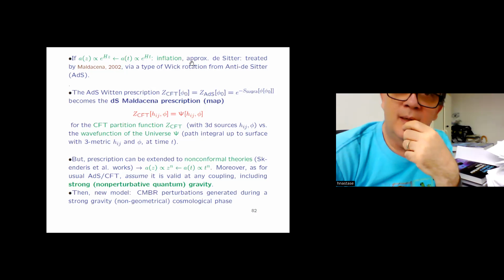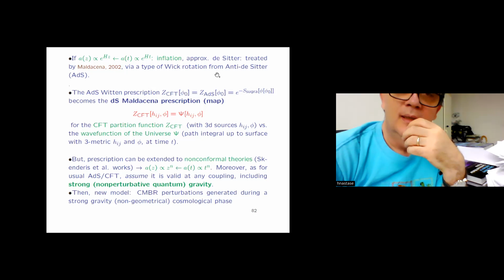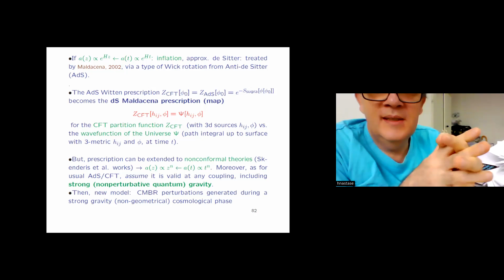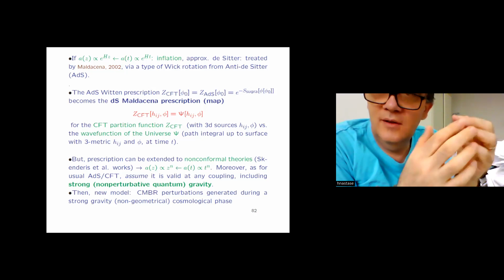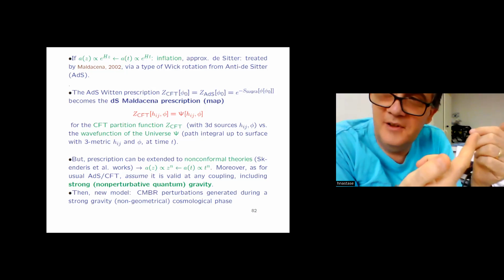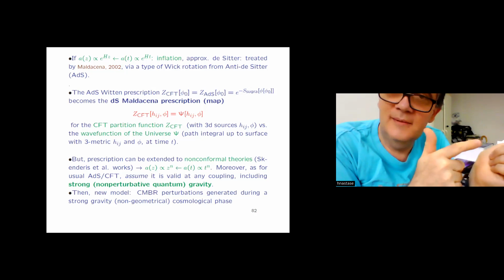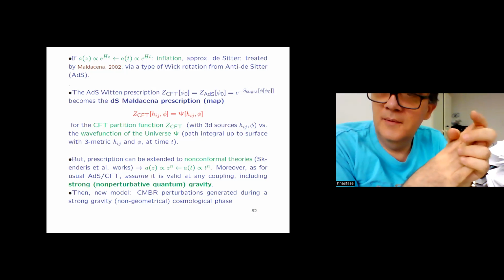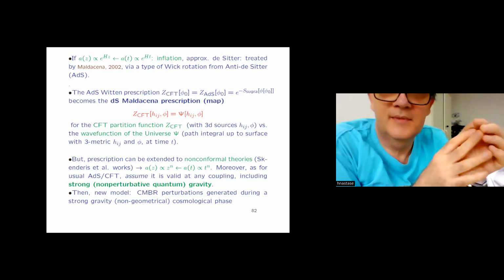This would correspond to an approximately de Sitter gravity. And de Sitter itself was considered by Maldacena to be, in some sense, not really a Wick rotation, but a type of Wick rotation from anti-de Sitter. So going from anti-de Sitter to de Sitter, one is able to do a Wick rotation-like transformation on parameters.